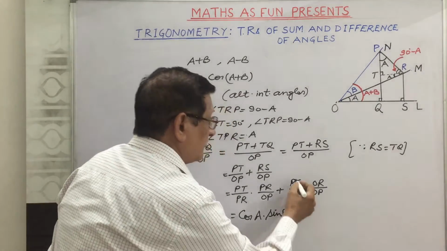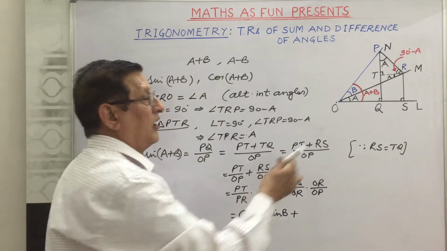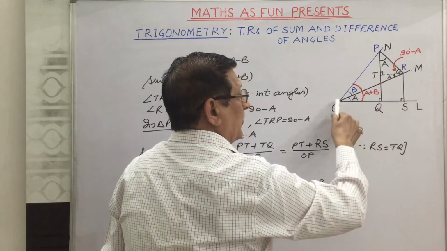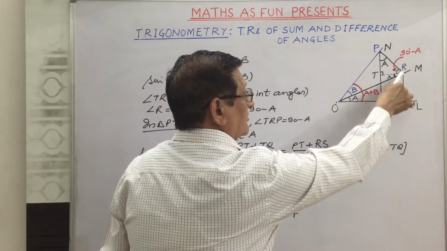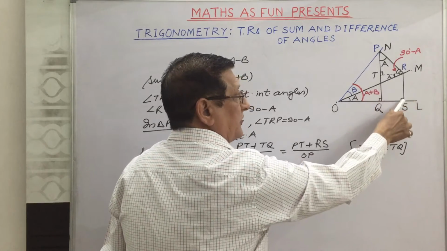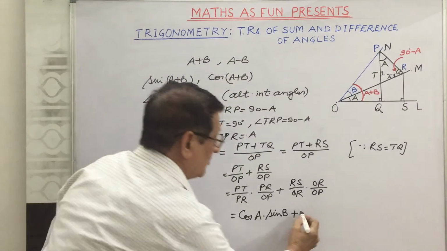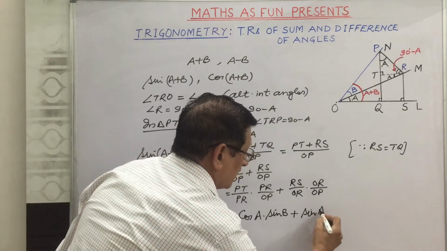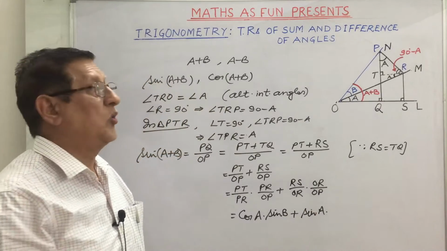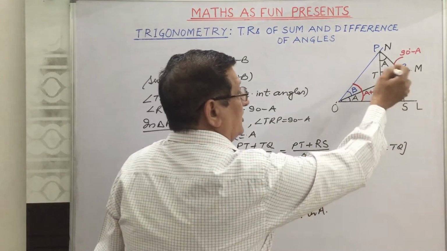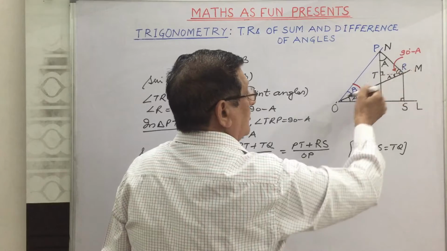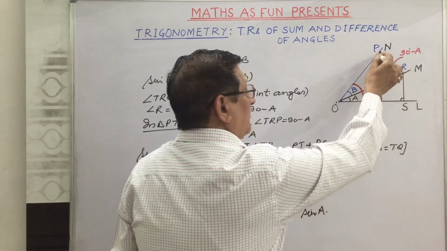When we find the value of RS upon OR, in this particular triangle for A, RS is the perpendicular and OR is the hypotenuse, so it is sine of A into OR upon OP. OR is this and OP is this.